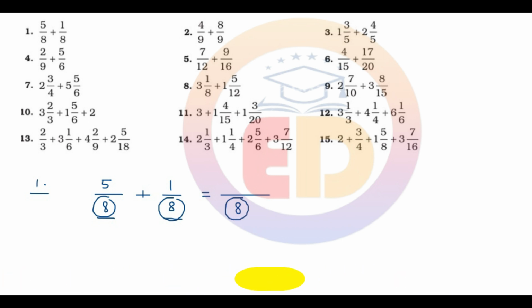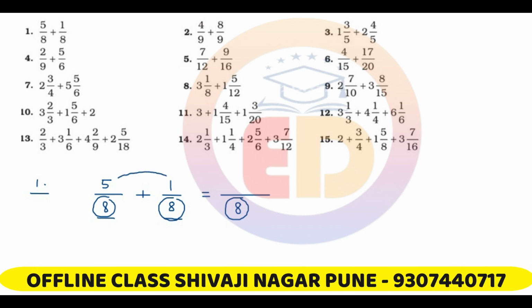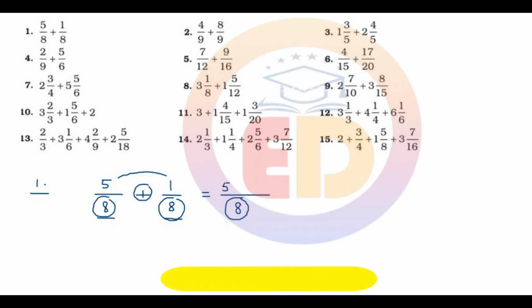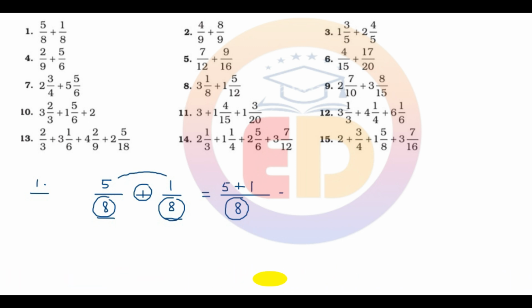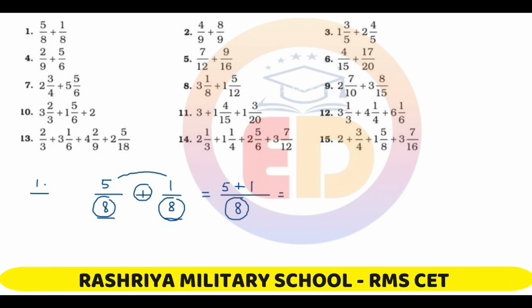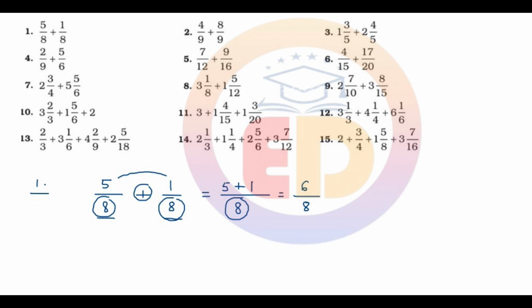And for the numerator, simply do the operation 5 plus 1. 5 plus 1 is 6 upon 8. Now 6 upon 8 is our answer. But remember, in fractions we always have to convert the fraction into its lowest term.